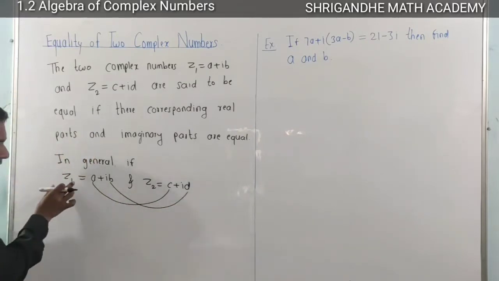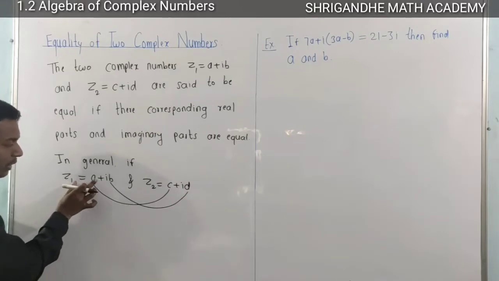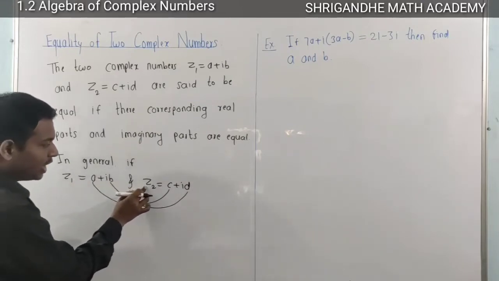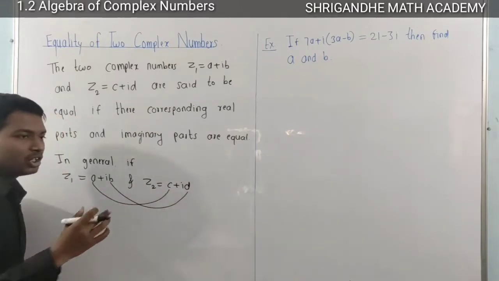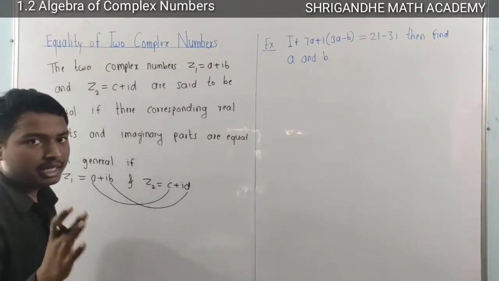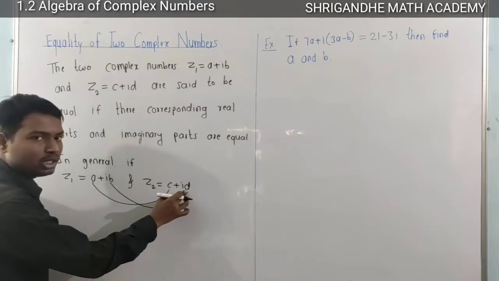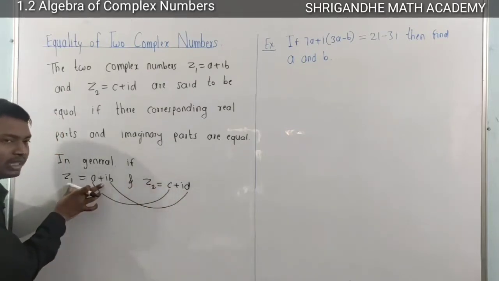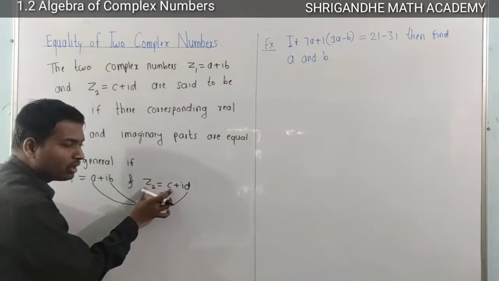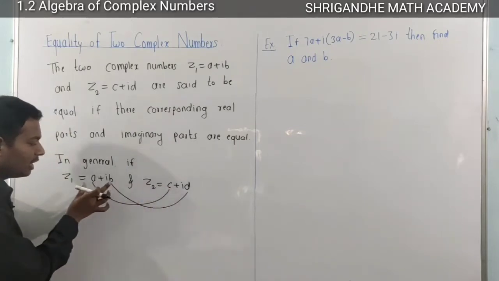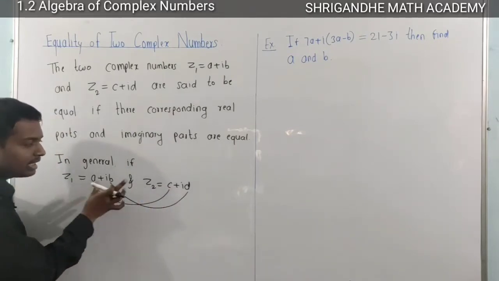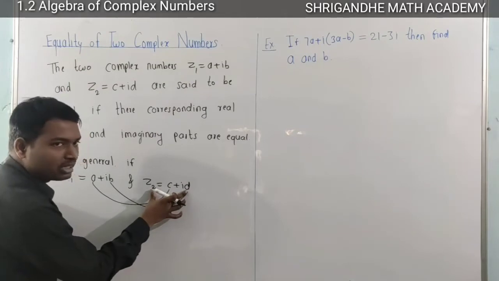Here we say that the complex numbers Z1 equal to a plus ib and Z2 equal to c plus id are equal if a equal to c and b equal to d. That is, the real part of Z1 is equal to the real part of Z2, and similarly the imaginary part of Z1 is equal to the imaginary part of Z2.